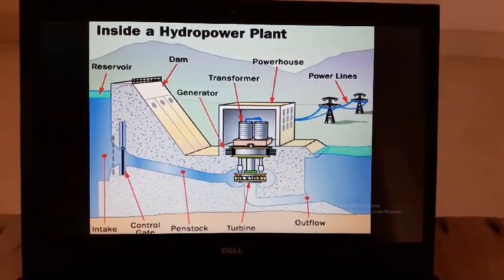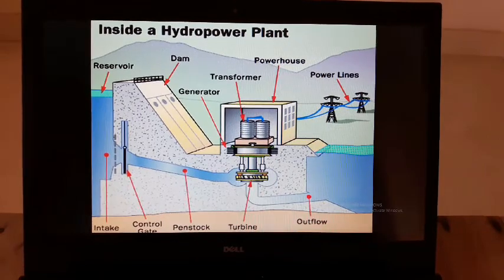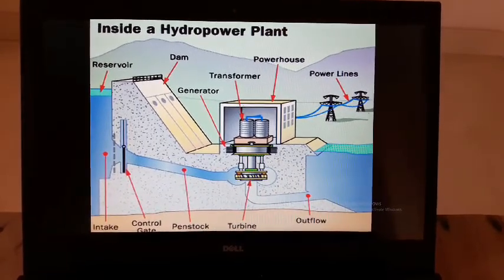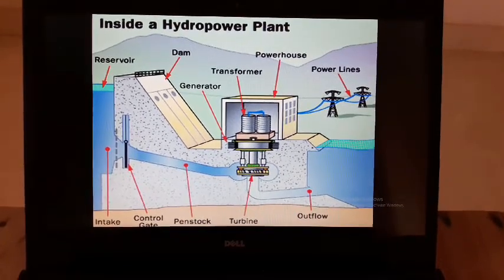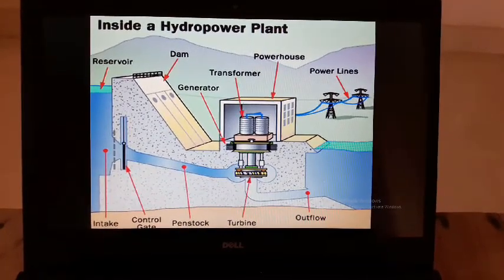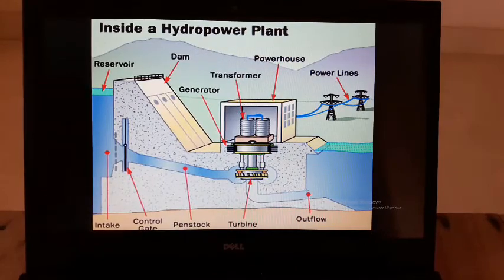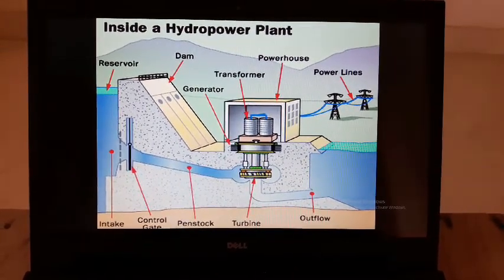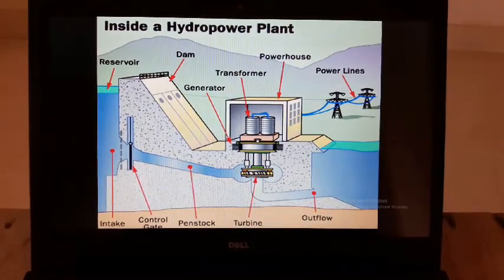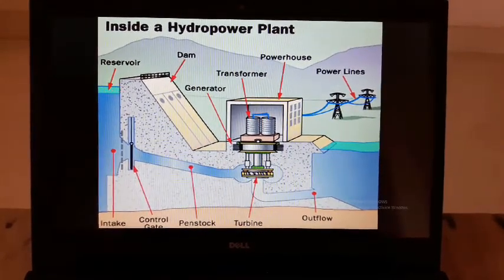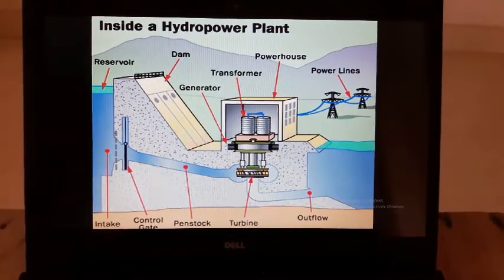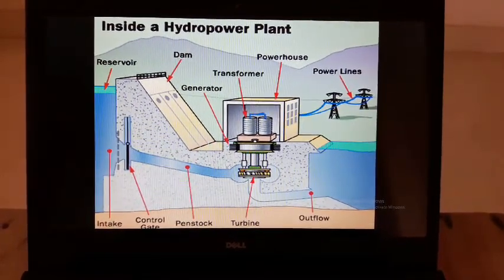A penstock is a large diameter pipe which brings water from the reservoir up to the blades or buckets of the turbine. A control gate is used to regulate the supply of the working fluid, that is water. At the end of the penstock, a nozzle is fitted which converts the pressure energy into kinetic energy.